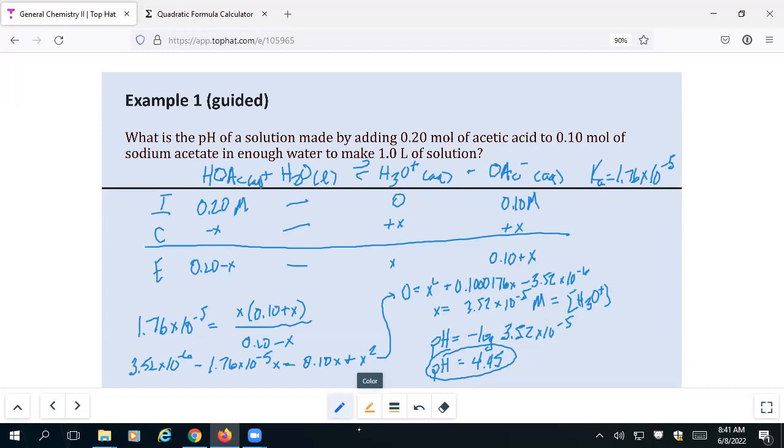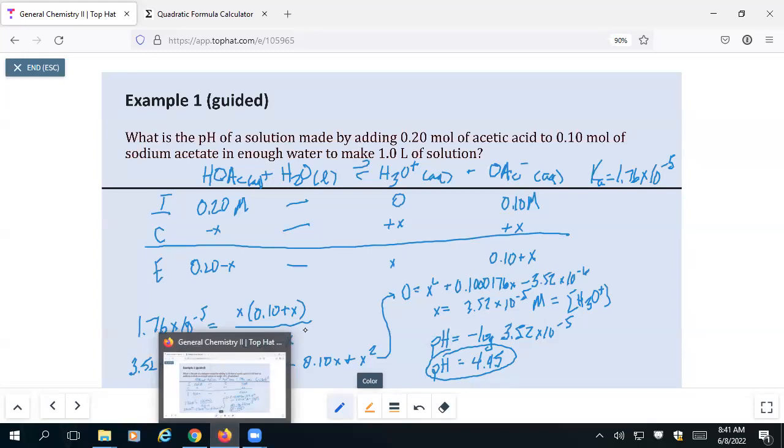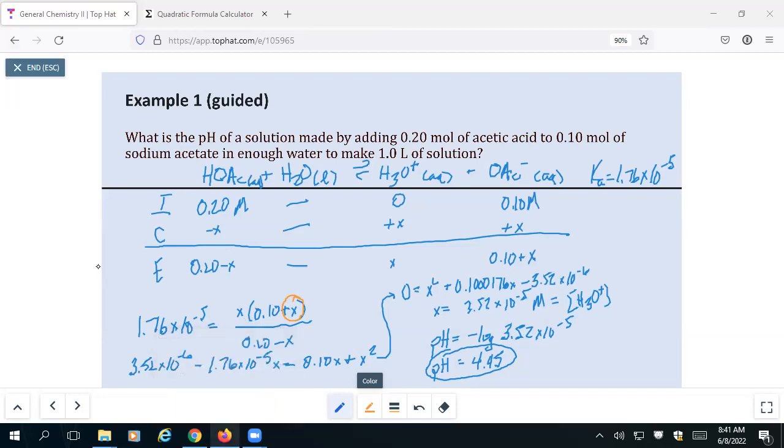That's far enough. We could have, with the 5% approximation, ignored both the plus x and the minus x term.